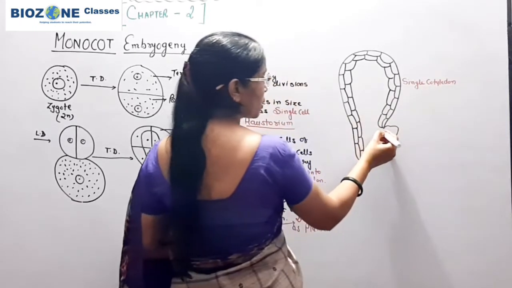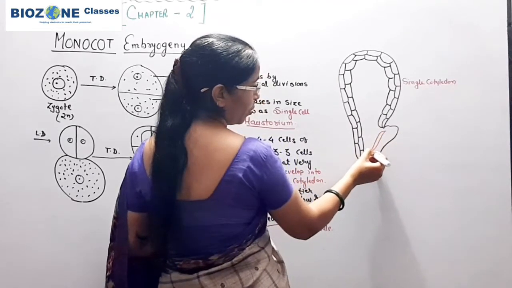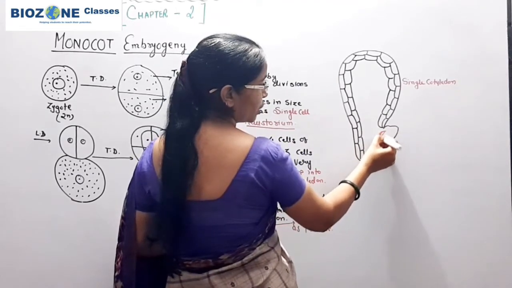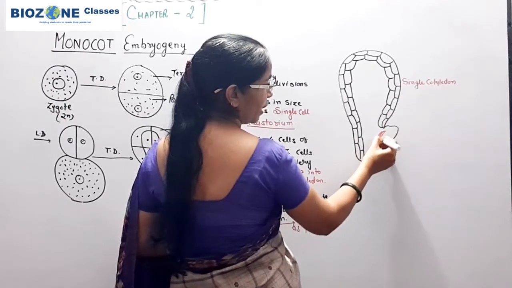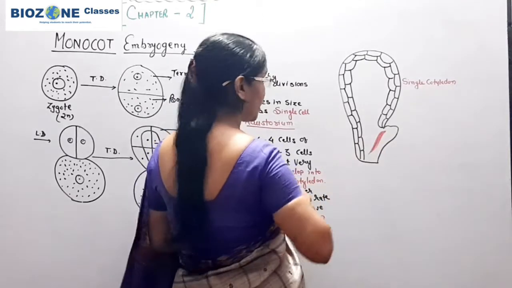At the base of this cotyledon, we clearly see the embryonal axis. For explanation I draw such structures, otherwise entire cells are here.